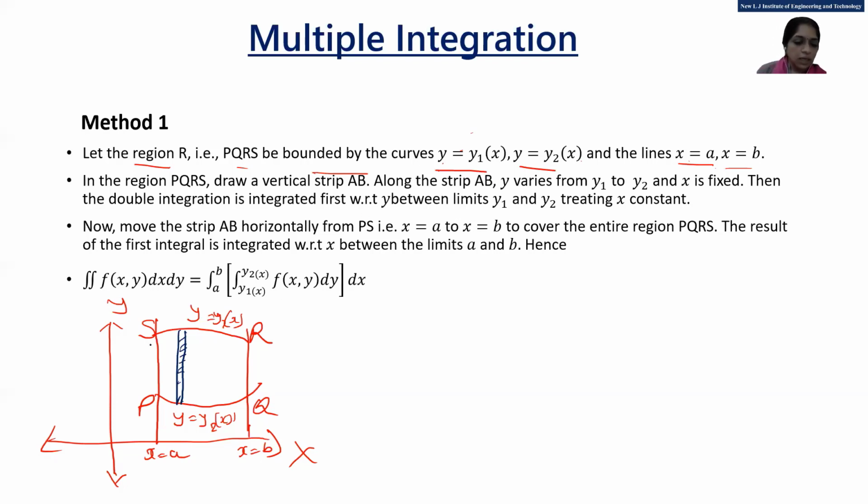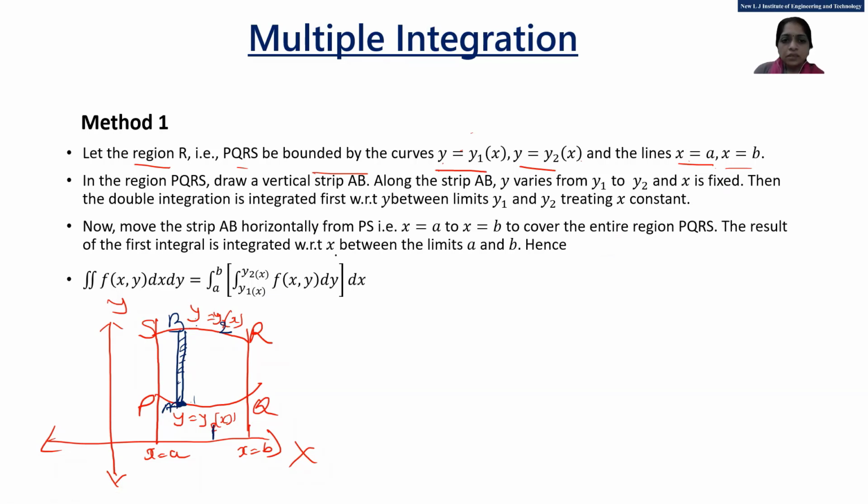This is AB. Y varies from y1 to y2. See, suppose I take the lower portion as y1 and the upper as y2. So y varies from y1 to y2 and x is fixed.